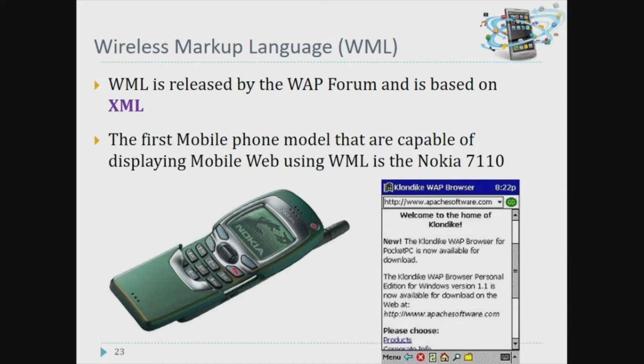So the Nokia 7110 is the first mobile device that has the capability to display the mobile web, or what we call using the browsers, using the WAP protocol. So it looks like this one. Okay, the text displaying on this phone.